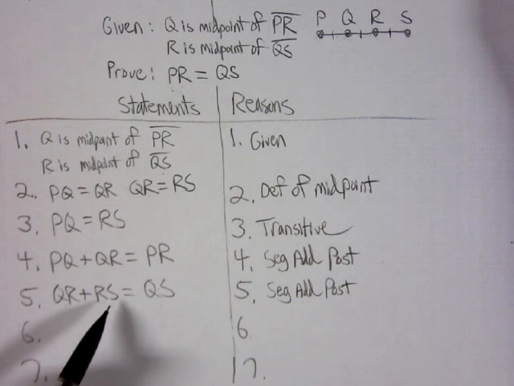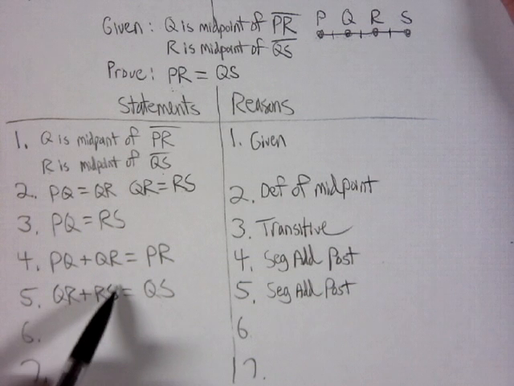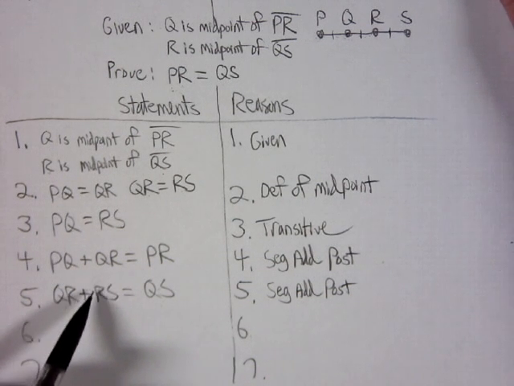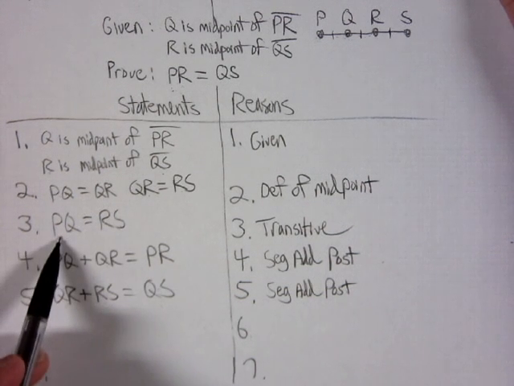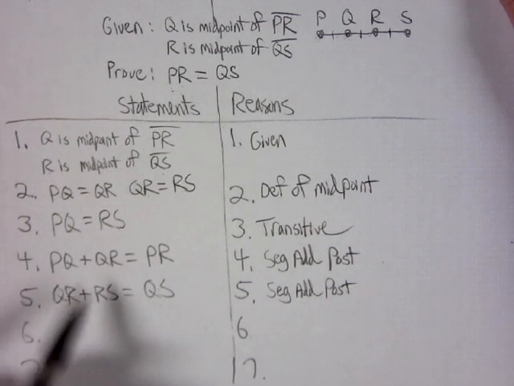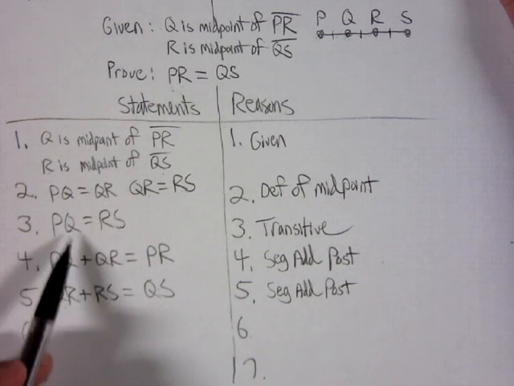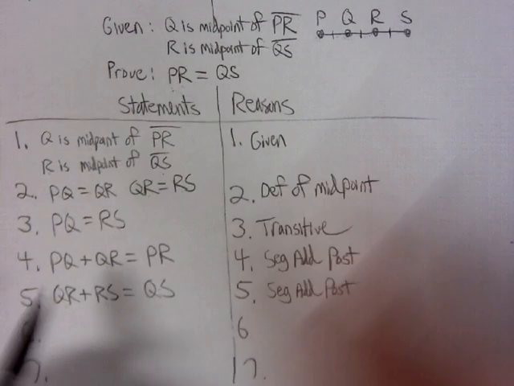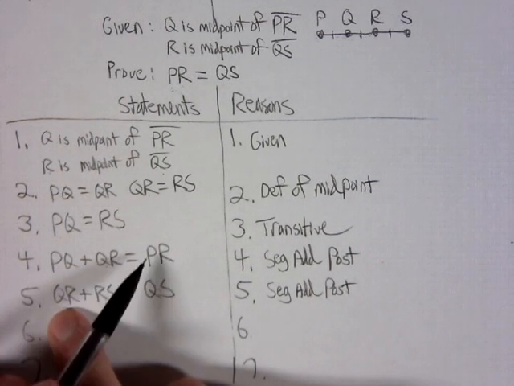If I'm looking at this RS right here, I know from step 3 that RS is equal to PQ. So if I can take this RS and turn it into a PQ, well, remember, PQ plus QR is equal to PR.